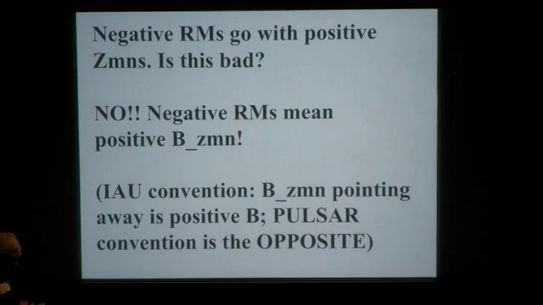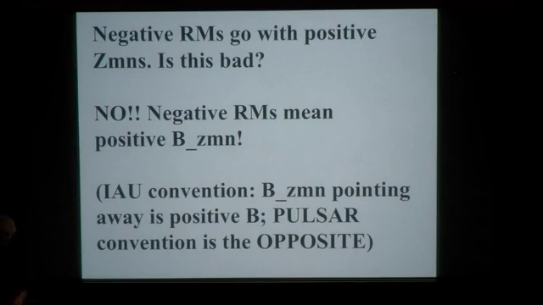It's a negative relationship because the pulsar astronomers don't use the IAU definition of field direction. And I like to emphasize that because it's not well appreciated. The fact is that anti-correlation is really a correlation.